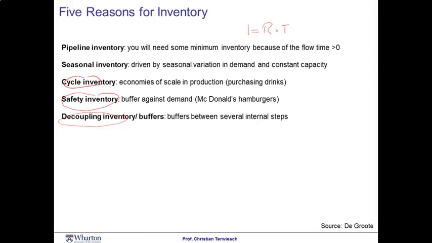So the last 2 examples here are really driven by the variability, in the spirit of buffer or suffer. The previous 2 are driven really by variations in the supply rate to match a seasonal demand. And the first one, the pipeline inventory, is just the minimum inventory any operation needs to exist. Buffer or suffer.